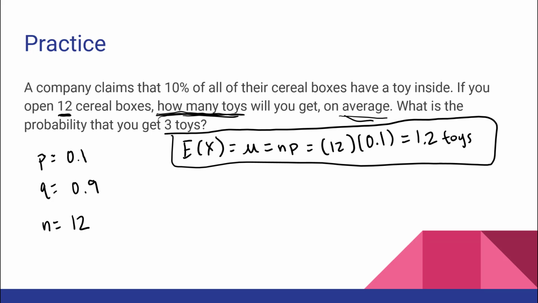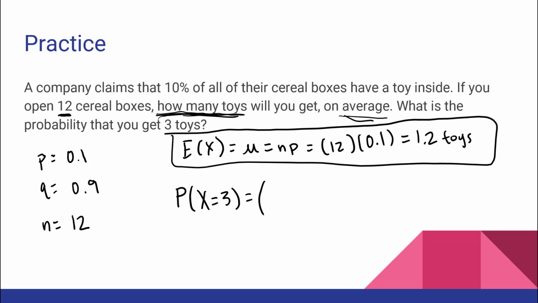The second one says, what is the probability that you get 3 toys? So that would be the probability that X, number of successes, is equal to 3. So that's our big complicated formula again. So first, we have to account for all the different ways that we could get 3 toys. It could be the first 3 boxes, the last 3 boxes, the first, second, and fourth box, I don't know.